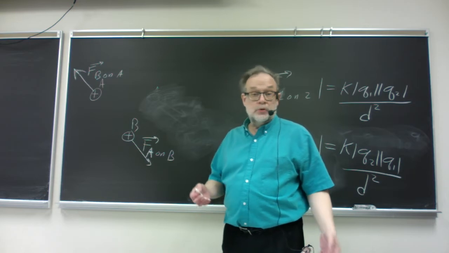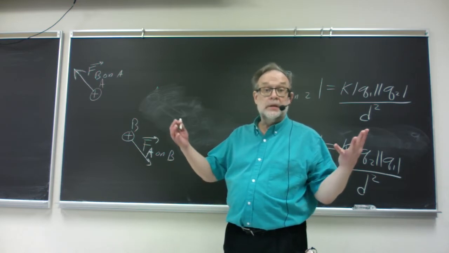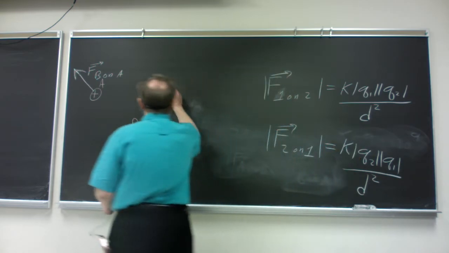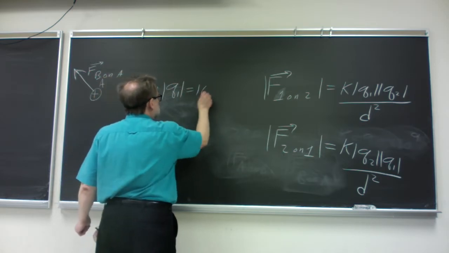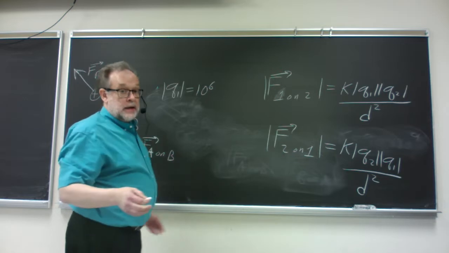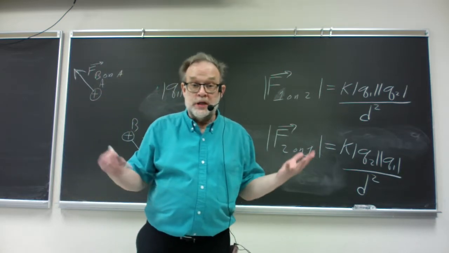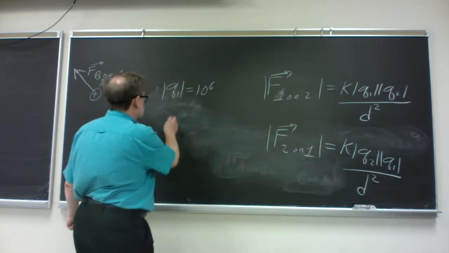It might be the case that Q1 is a million units of charge, and it might be the case that Q2 just has 1 unit of charge.